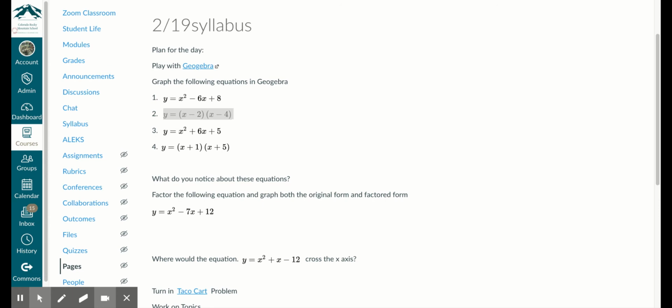And I have that graph right there. And then factors of 12 that add to -7 give y equals x minus 3 and x minus 4. And you can see once again that my x-intercepts are 3 and 4.